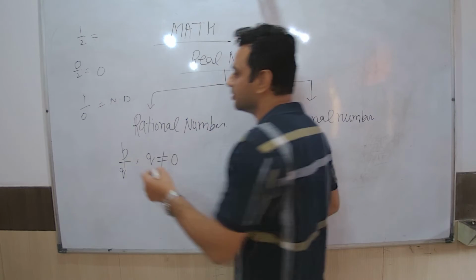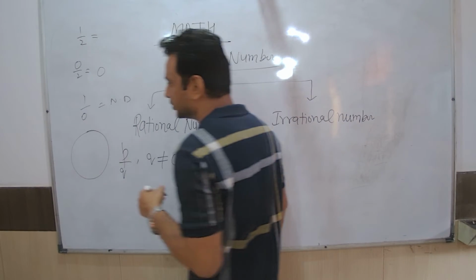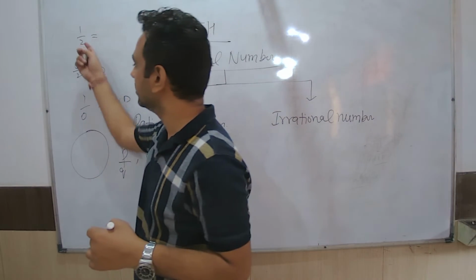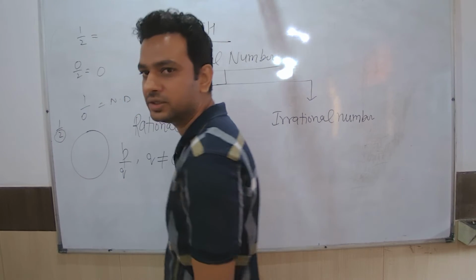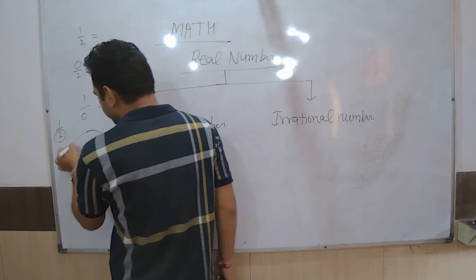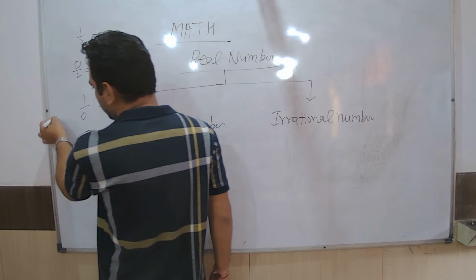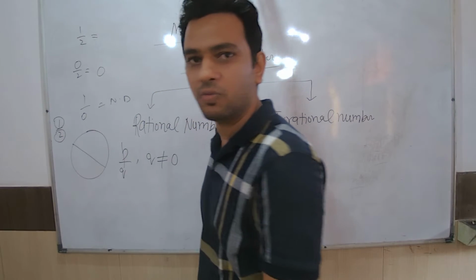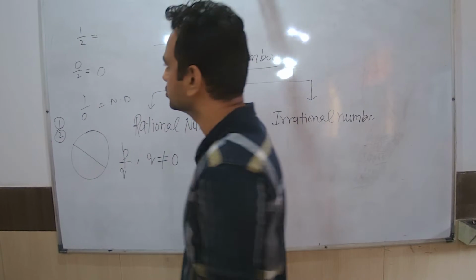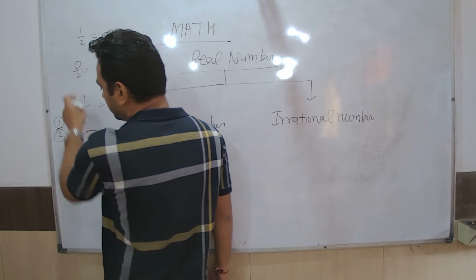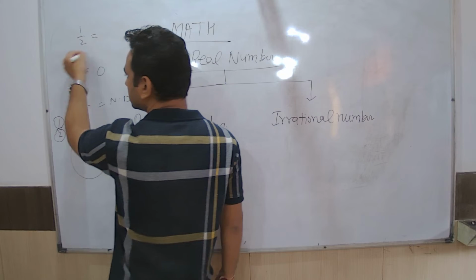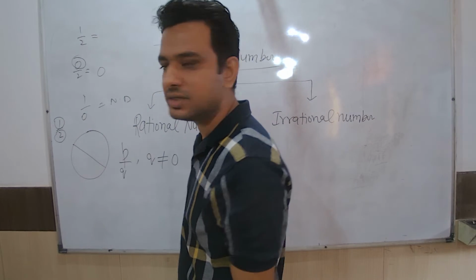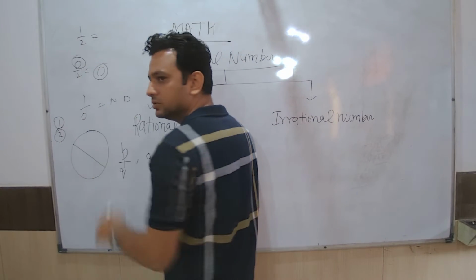Actually, if I have a whole thing, let's say I have a circle, 1 by 2 means we have divided this complete whole thing into two parts, and out of that I want one part. In the same case, I have divided the whole thing into two parts and how many parts we want? 0 parts. So that's why it will be equal to 0.